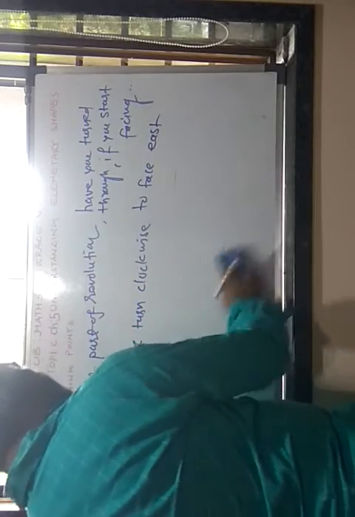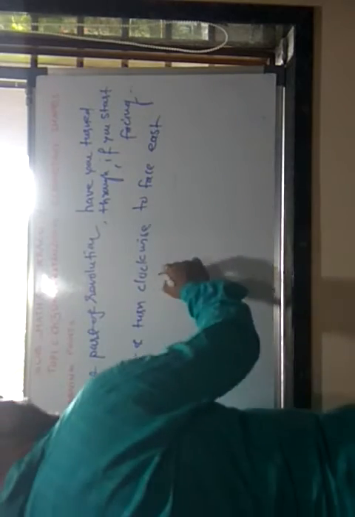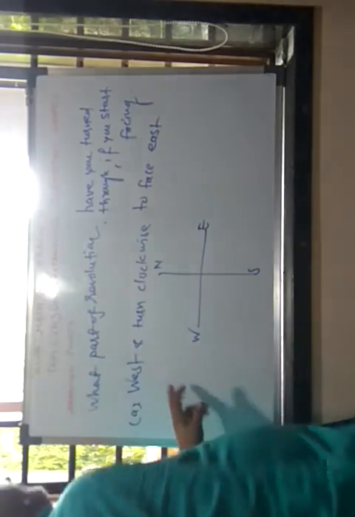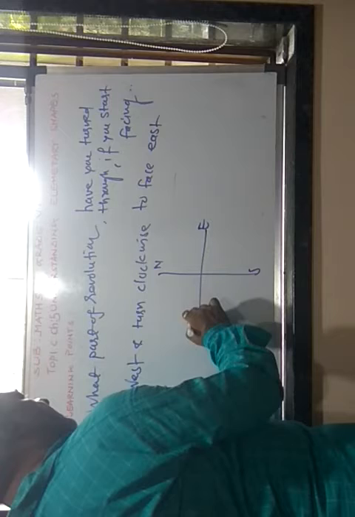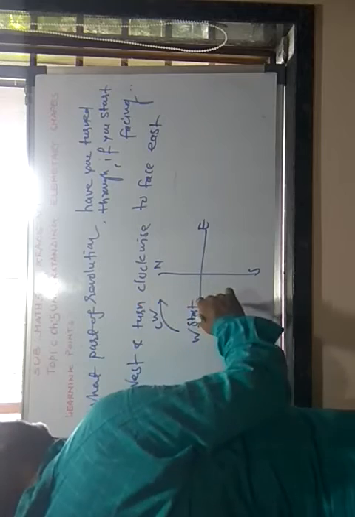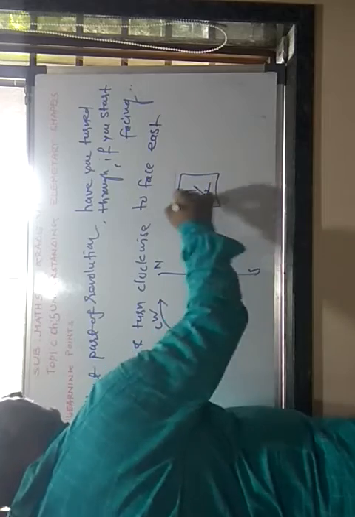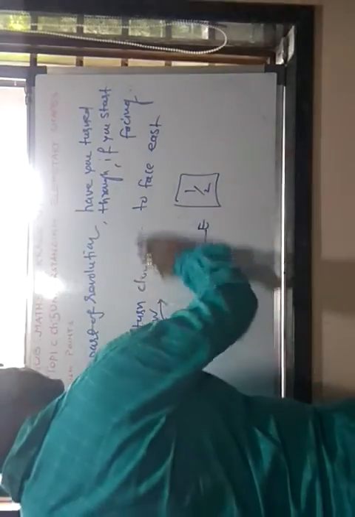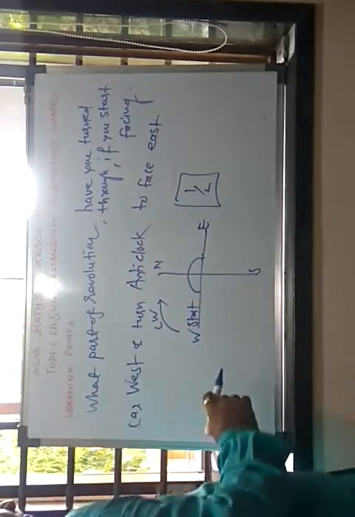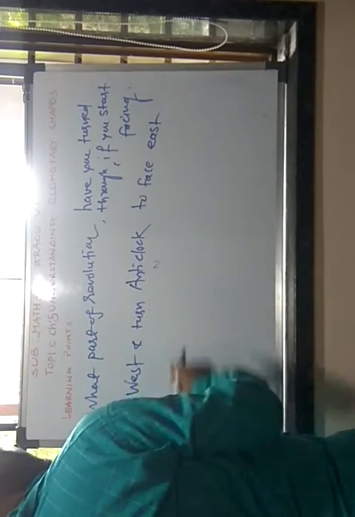Now next position is start from west. North, south, east, west. Start from west means here start. Turn clockwise to east. So suppose if it is anti-clockwise, same sum but anti-clockwise.